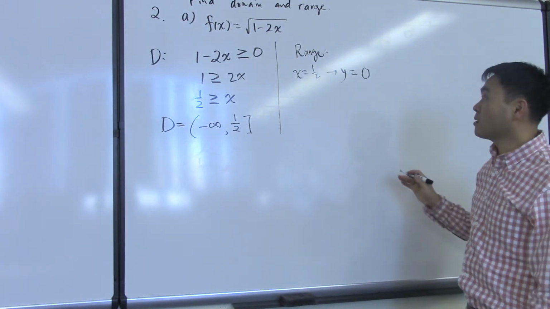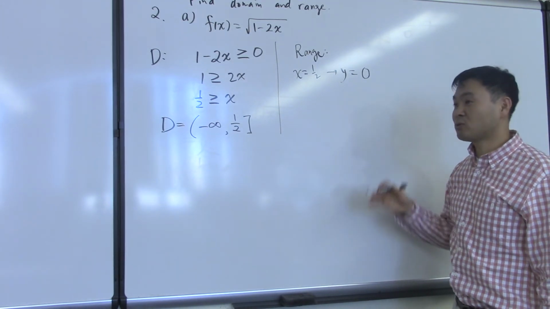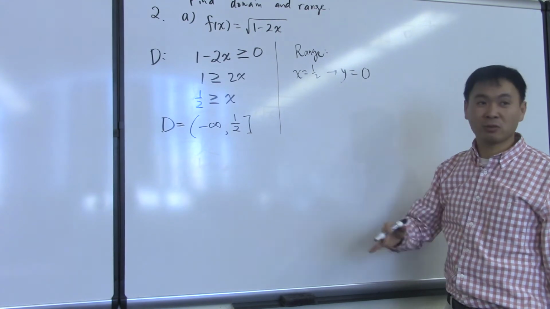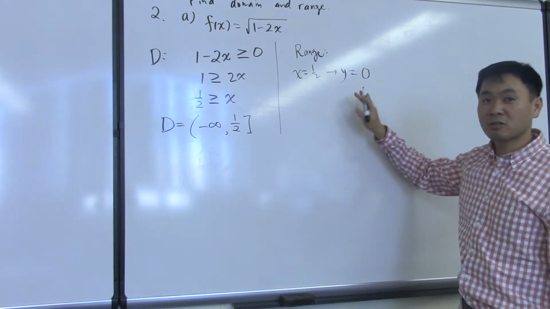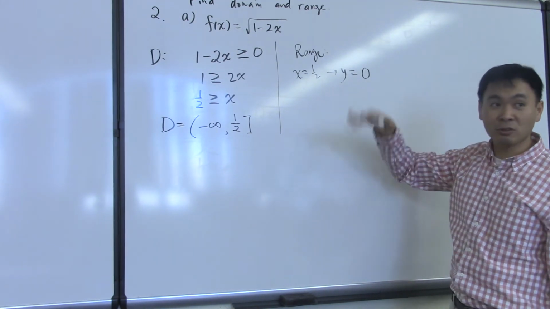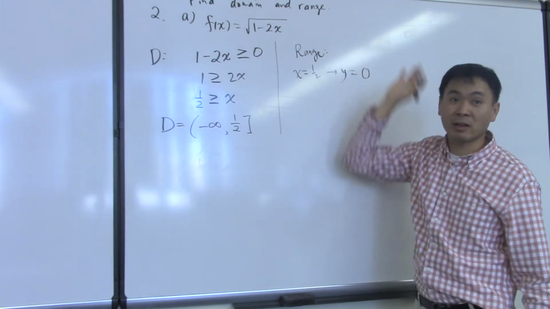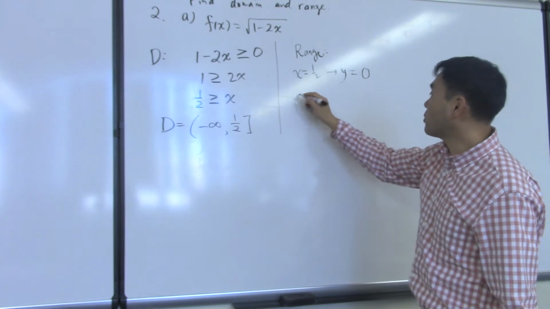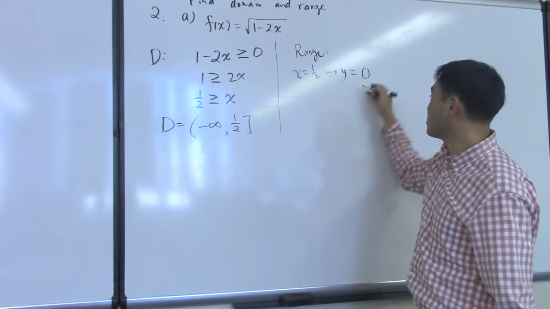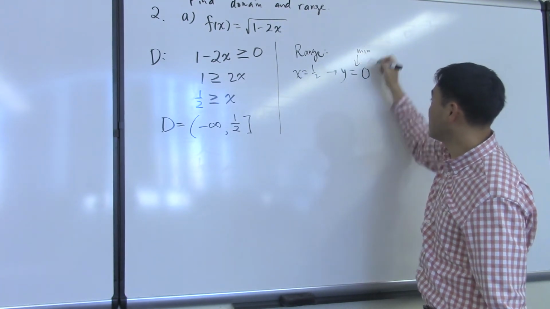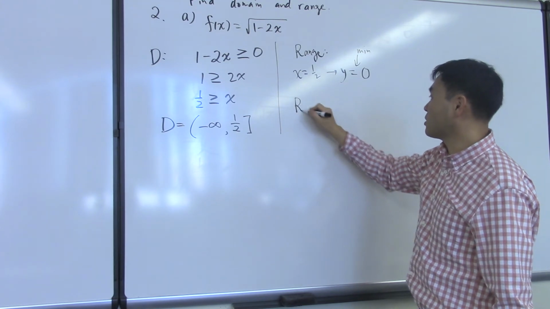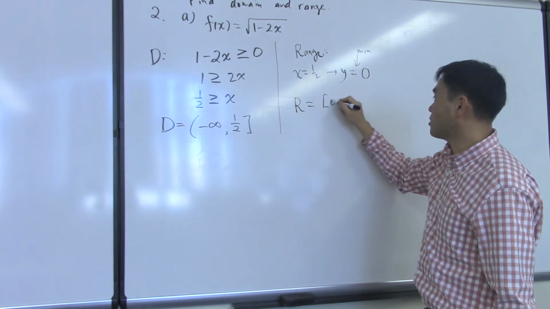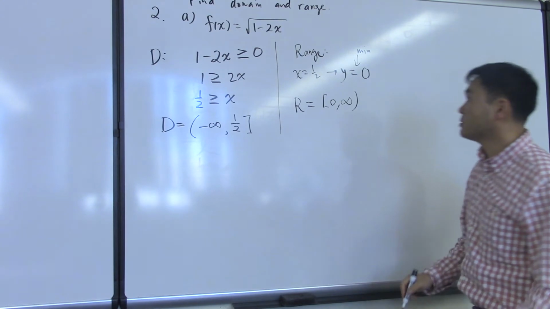So the square root of 2,000,001 is like 1,400 something. Okay, so that's pretty big. And you can go more and more. You can make x to be 1 trillion and so on. Therefore, y doesn't have any limit. So this is your minimum, and therefore the range starts at 0 and it can go up to infinity.